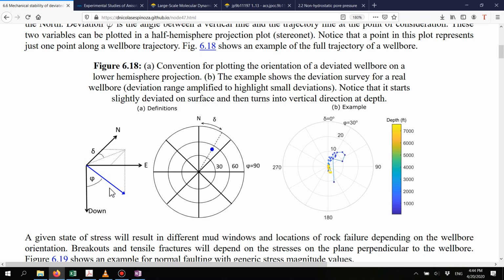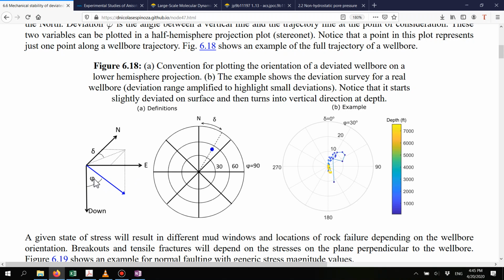Similar to what we have seen for the poles of faults, we're going to have two angles. In this case, the azimuth angle is going to be the angle between the projection of the wellbore orientation on a horizontal plane and the north, measured clockwise from the north towards the particular line that you are looking at.